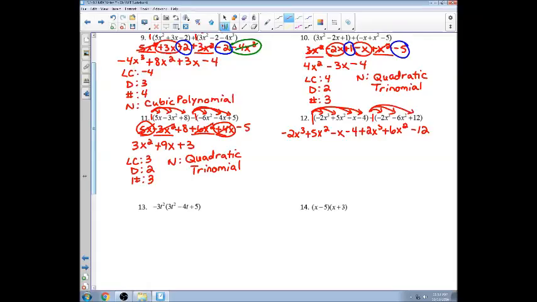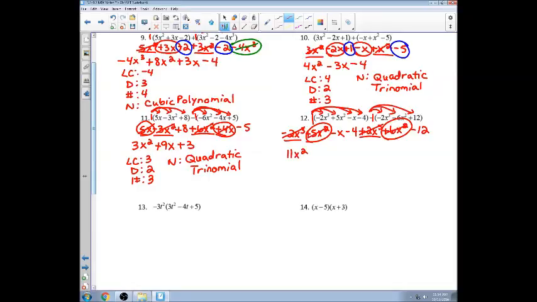Again, I need to find my largest degree. My largest degree in this case would be x to the third. Since I have a negative 2x to the third and a positive 2x to the third, those are just going to cancel out right away. Negative 2 plus 2 would be 0. 0 times anything is just 0, right? So then I have 5x squared and 6x squared. Well, 5x squared plus 6x squared would get me 11x squared.